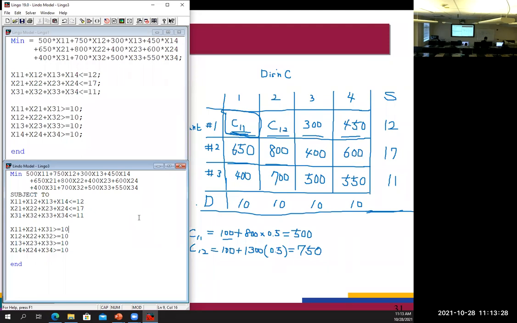So it looks like without having the ending mark, the window version of Lingo can be used to get a solution. What is the ending mark? Just type end.